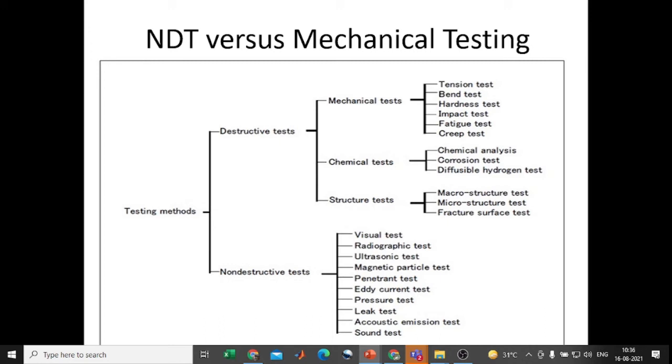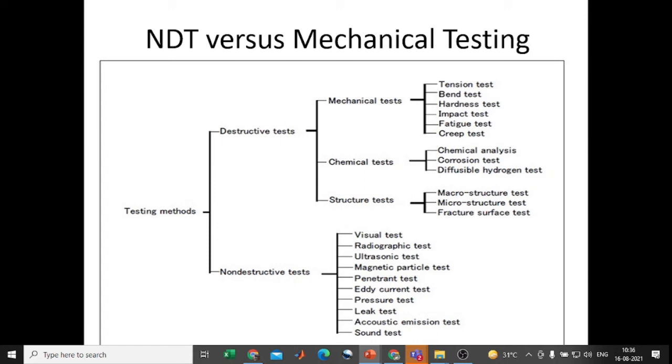The hydraulic pressure is increased with respect to the pump pressure, so that throughout the internal pipe the pressure is increased. If any cracks are available on the pipe surface, the water tries to escape, so we can easily identify the pipe defects without damaging the pipes.